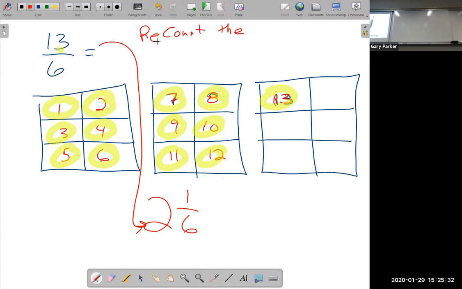Count or maybe recount these pieces into wholes, and note extras. Right, so here's my 2 wholes plus 1 out of 6 as my extra. Okay, that's one way I could word that.